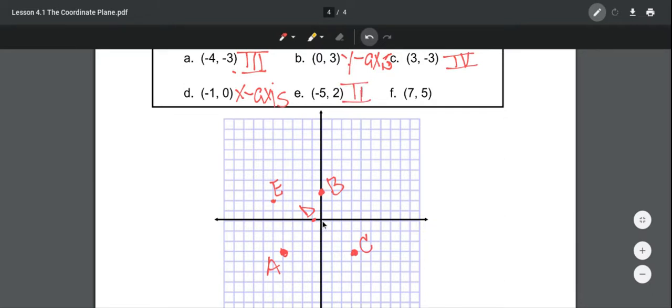Finally, in point F, we are told to move 7 spaces to the right and 5 spaces up, giving us point F, which is in the 1st quadrant.